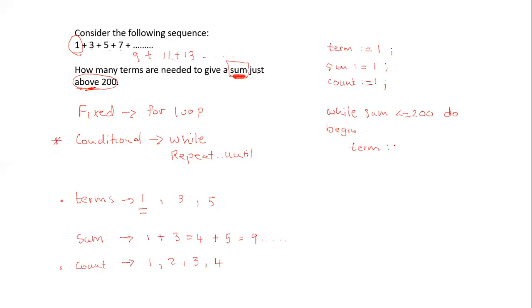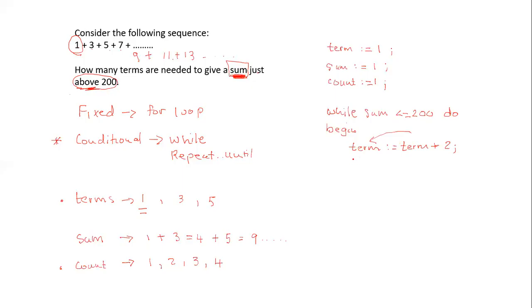So the term is its current value plus 2. So we're adding 2 to the previous value that we had. So term is term plus 2. So if I had 1, 1 plus 2 is 3, and that value 3 gets stored back in term.